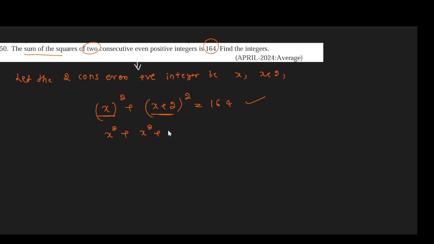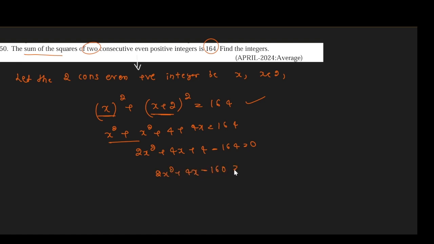Apply a plus b whole square, right? a square plus b square plus 2ab, right? So a square plus b square plus 2ab, this is 4x is equal to 164. So this is x square plus x square, which is 2x square plus 4x plus 4 minus 164 is equal to 0. So this is nothing but 2x square plus 4x.